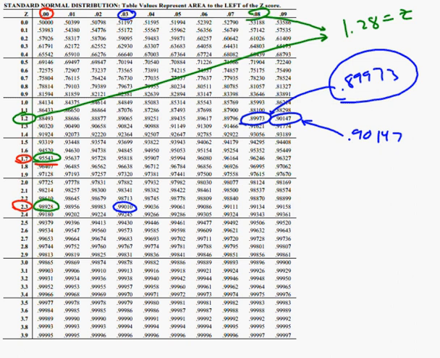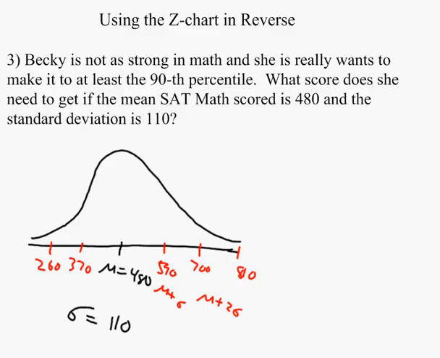So this is an example of how you can use the normal distribution in reverse. So what we want to say for Rebecca is she wants her z-score to equal 1.28. Now, if we give it some thought, we realize we have all the information we need. We can use our z-score formula, which is z equals x minus mu over sigma.